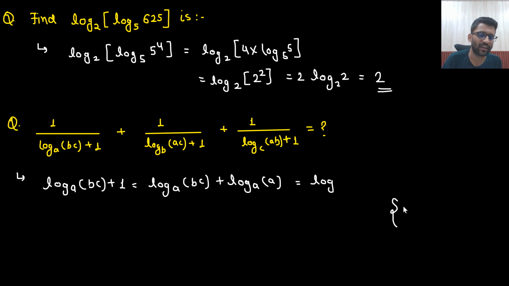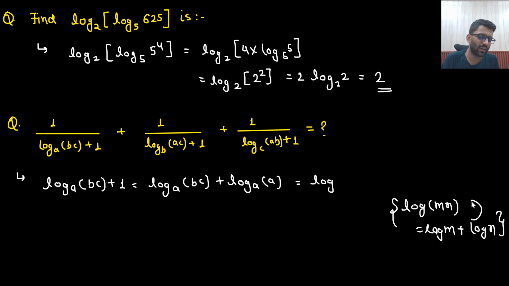Basically what I am applying here is log(m times n) equals log m plus log n. I am just doing the reverse. So log_a(abc) can be written as log_a a plus log_a(bc). This is what I applied, but in reverse. Well and good.